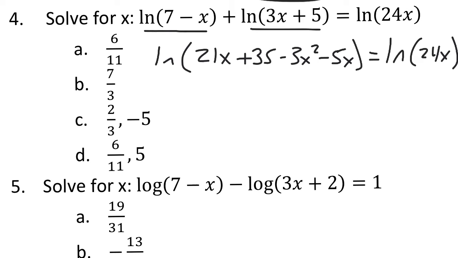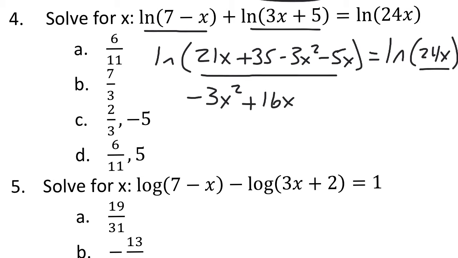Now, in order for two logarithms on each side to be equal to each other, you want to kind of ignore the logarithms and just compare the arguments. So I'm going to write this left one a little bit cleaned up. It'd be negative 3x squared, 21x minus 5x would be plus 16x plus 35 equals 24x.